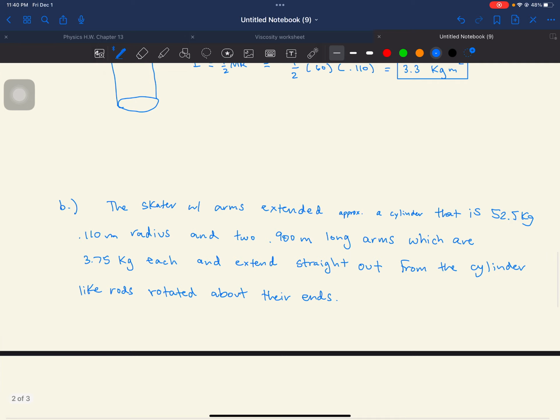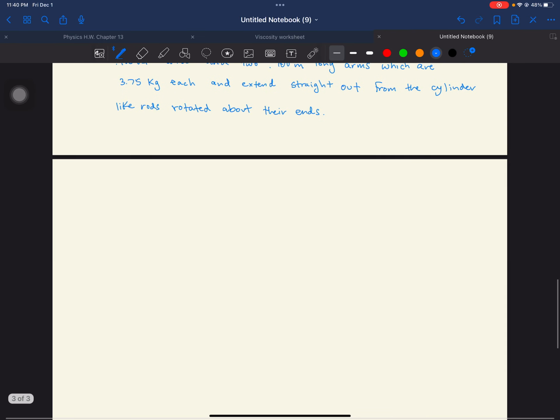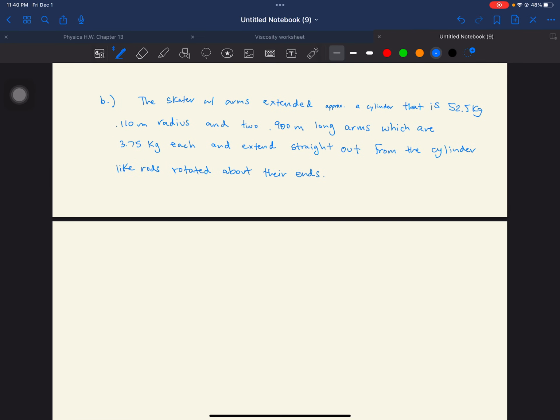And then for the second part, we would have the skater with two arms, so the skater would be the cylinder, and the two arms would be the arms in the question.